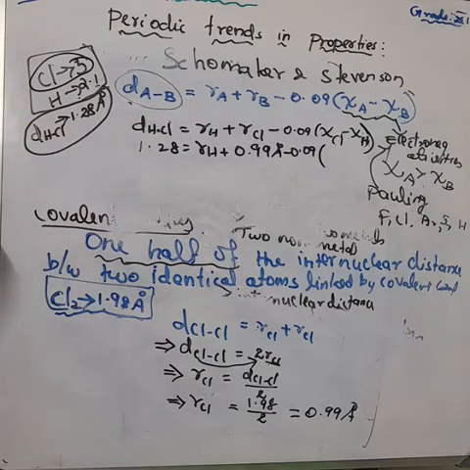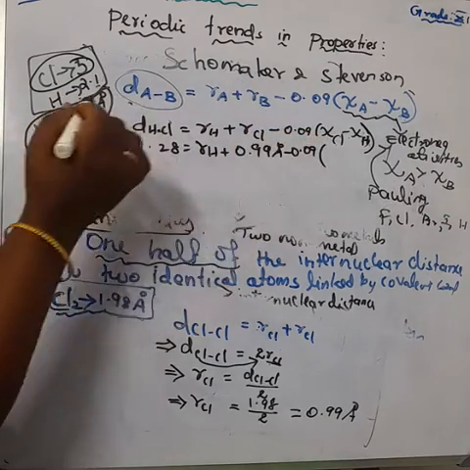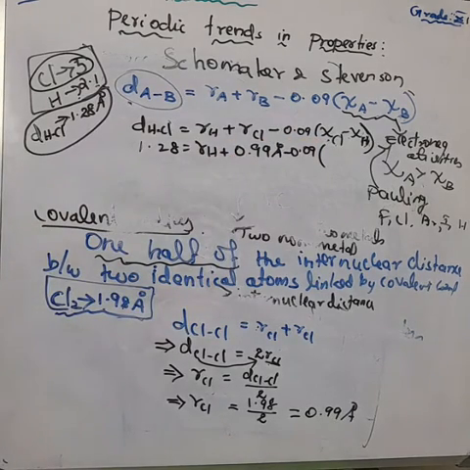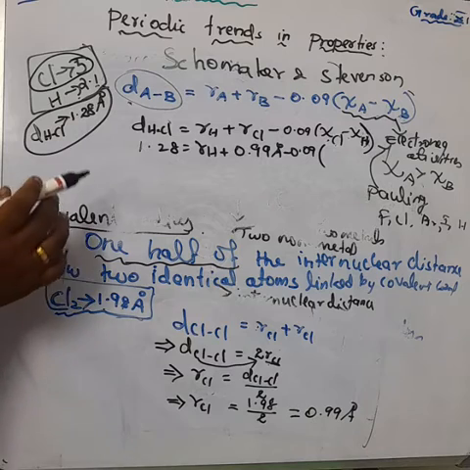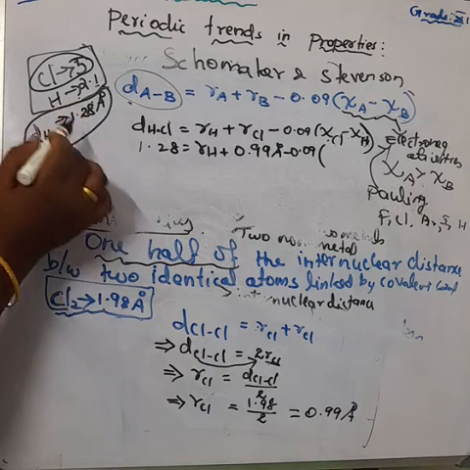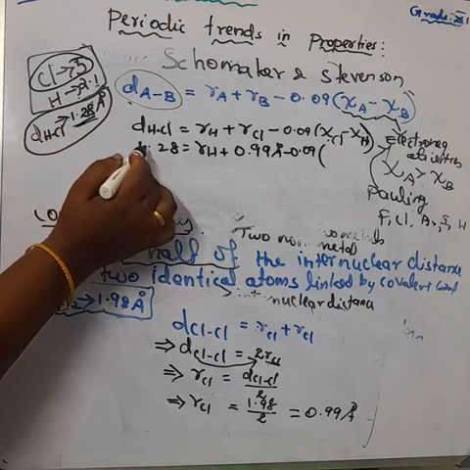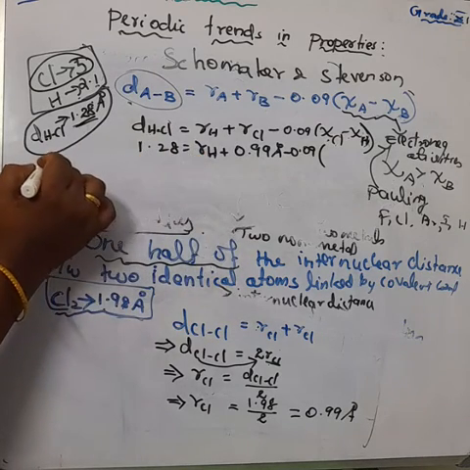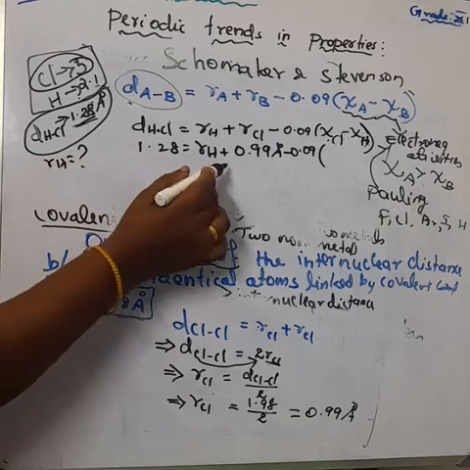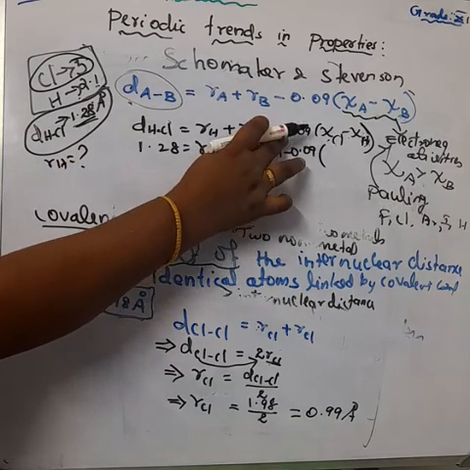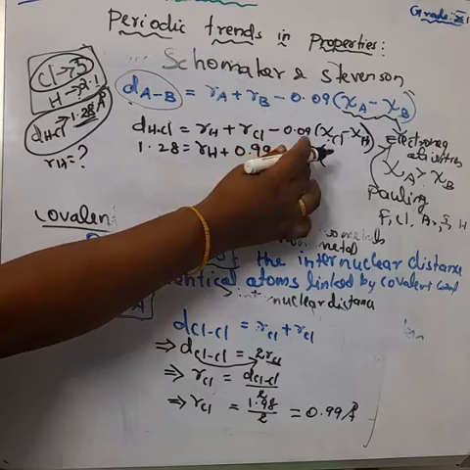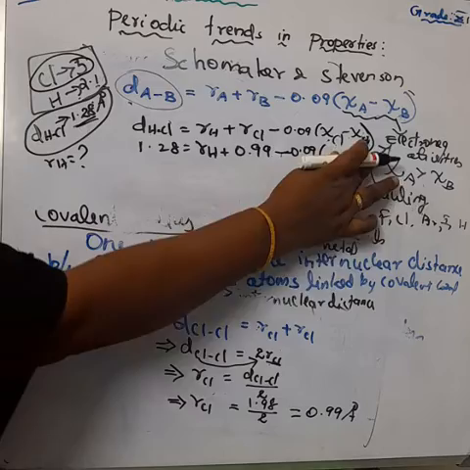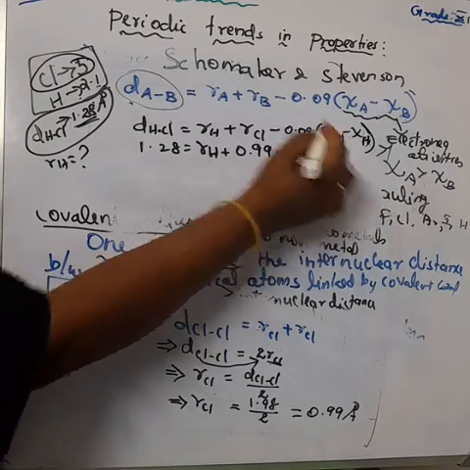So chlorine is the higher value, and we take χ_Cl minus χ_H. The D_HCl value we already know, 1.28, is equal to R_H, the radius of hydrogen we have to calculate, plus R_Cl, 0.99, minus 0.09 into (3 minus 2.1).